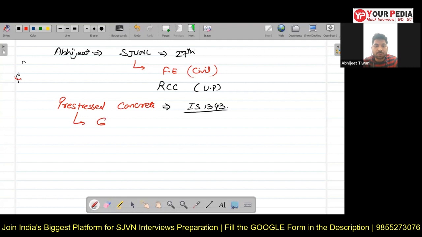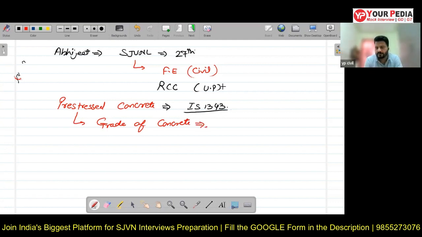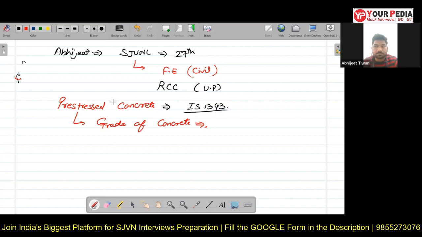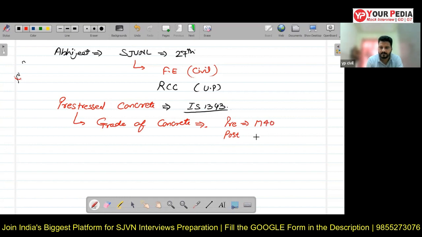The minimum grade of concrete for post-tensioning is M30 and for pre-tensioning is M40. Now, if we don't go with post or pre, then what will you do, sir? Sir, being on the safer side, it would be M40. You said 40 for the pre, right? And for post-tensioning you said M30.